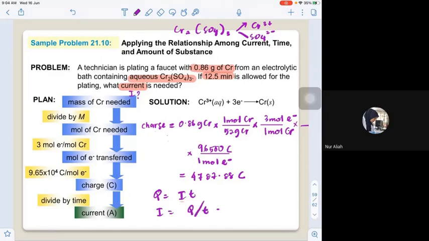Q is 4787.88 over the time, which is 12.5 multiplied by 60 seconds, because the time needs to be in seconds, so we have to convert it. Finally, we will get the current applied. The final answer is 6.38 ampere. So from the amount, we calculate the current.